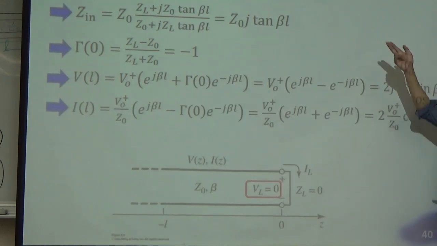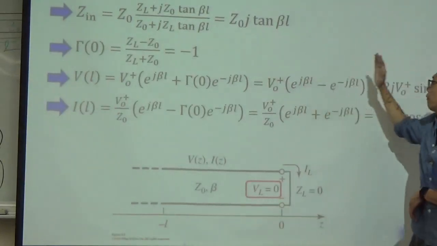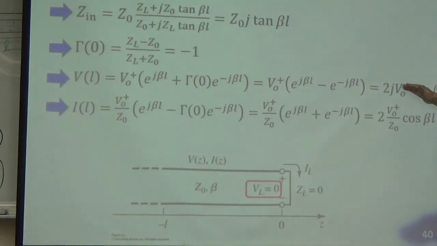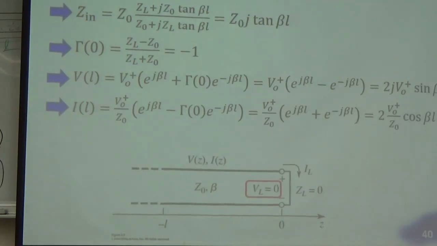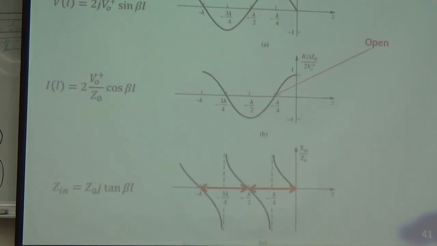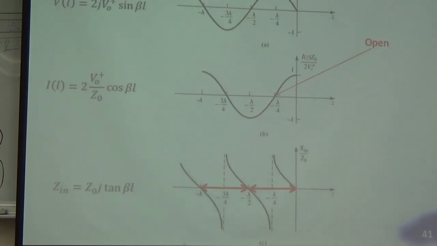You obtain the input impedance and the voltage and the current anywhere on the transmission line. Got it. These two equations. So write down these three equations.